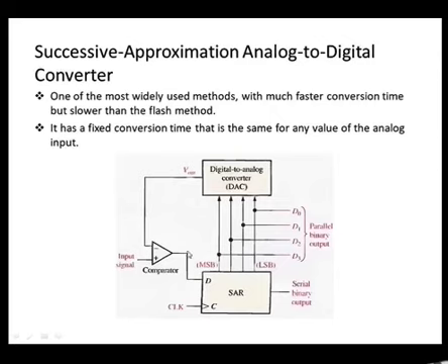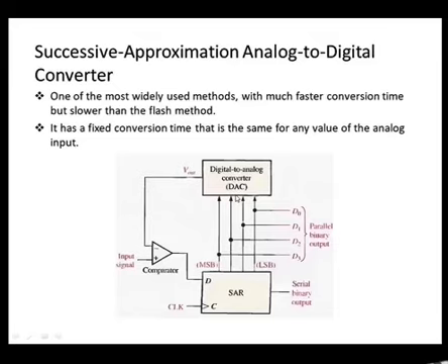So, for example, if the input signal is 5 or more than 5, the conversion time is fixed. So, consider this block diagram. It consists of a DAC. DAC means digital to analog converter.